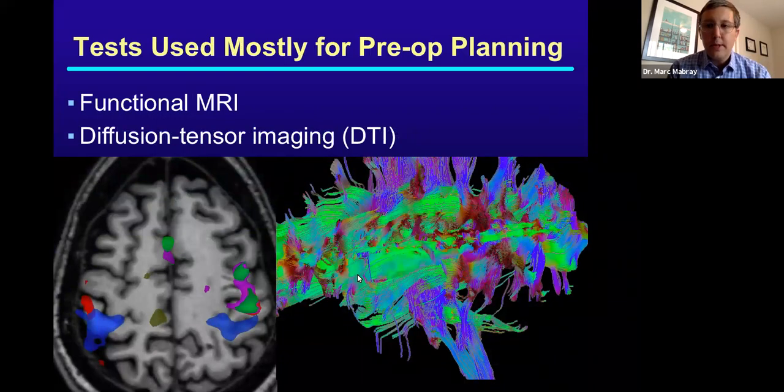So some tests that you might encounter in preoperative planning are functional MRI and diffusion tensor imaging. Functional MRI, which you would consider to be task-based functional MRI, is a pretty long, time-consuming, tedious test that you might undergo prior to surgery.